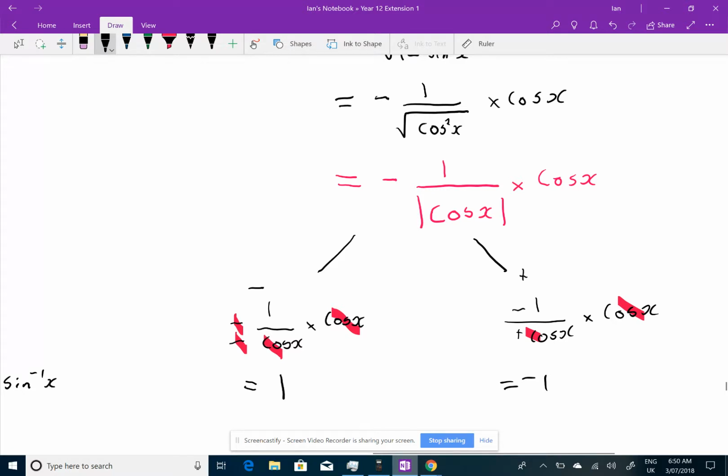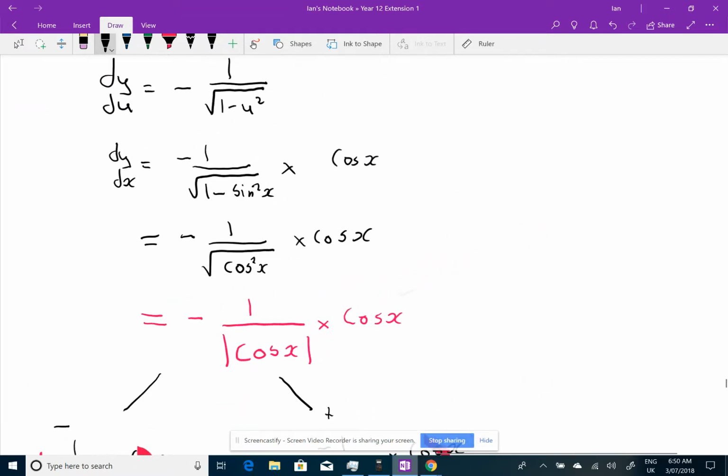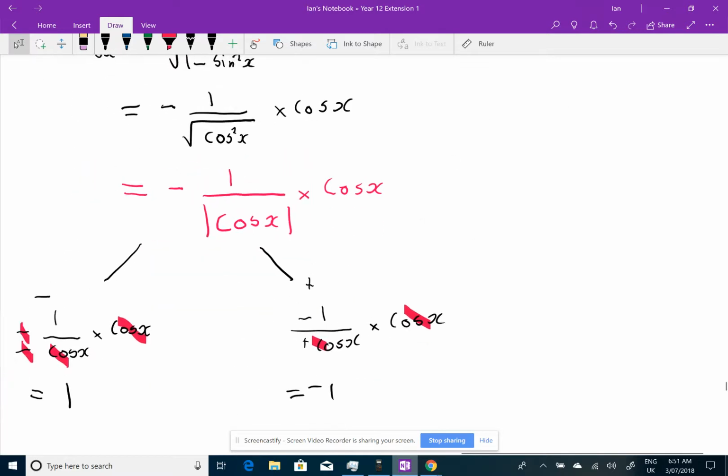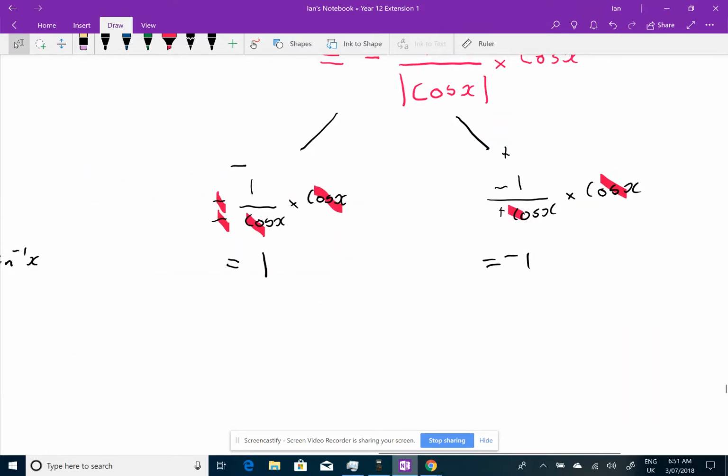Well, how do I know for what part? And this is where it gets tricky. So, for the absolute value of cos x to equal negative cos x, well, where does that occur?